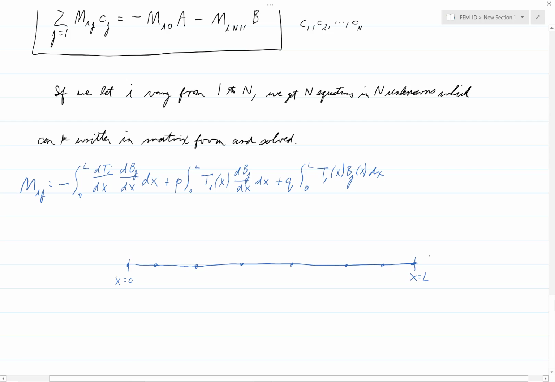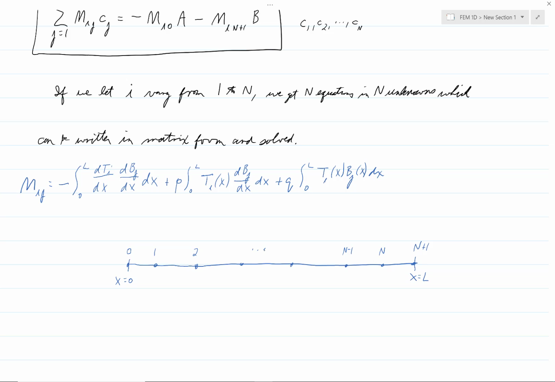And we have agreed to call this first node node 0, and the last node is node n plus 1. So this is node n minus 1. Here is node 1 and 2, and so on. I'll put ... here in the middle.